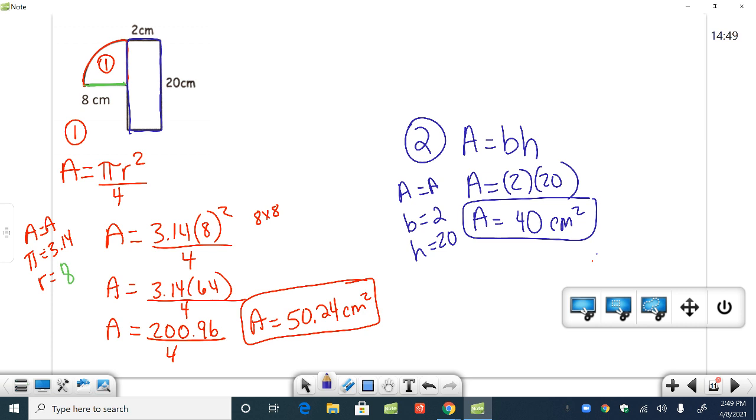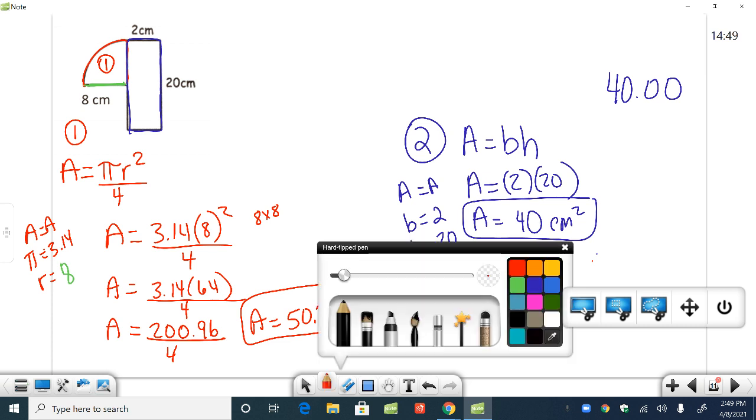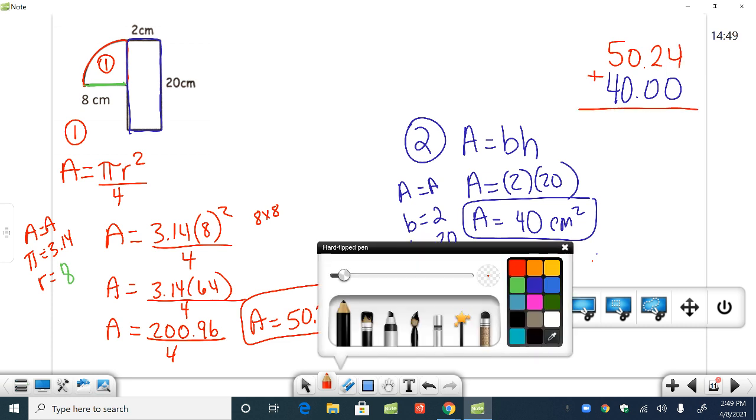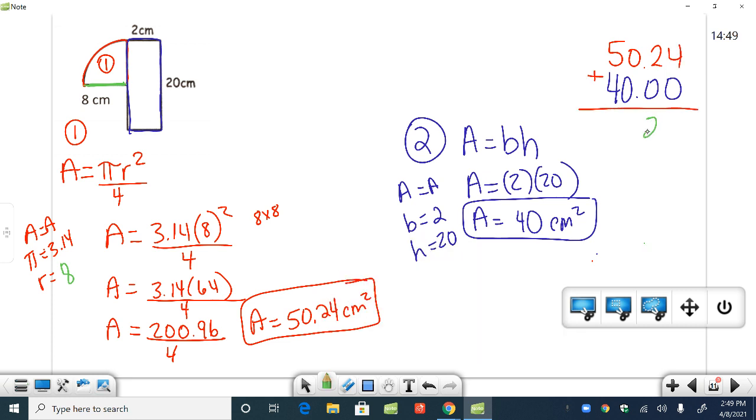And now you just need to add those together. 50.24, shape 1 and shape 2, add them together. You get 90.24 centimeters squared.